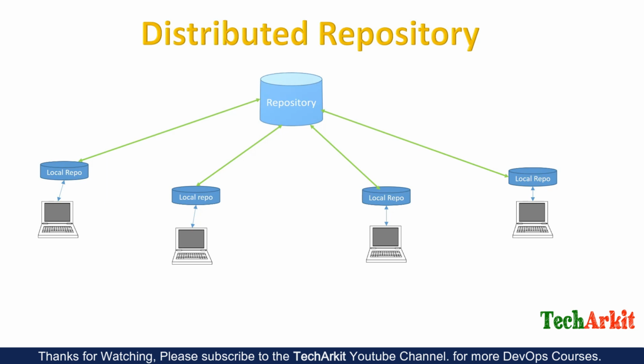So what you develop today, you immediately commit to the local repository and push it to the remote repository. Then other people can pull that repository and do their development. That way, it's easy to develop small changes, and easy to remediate.